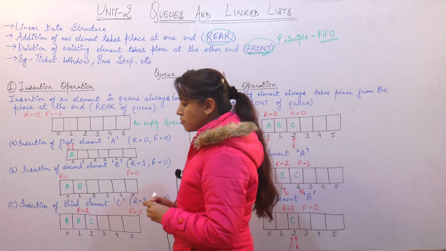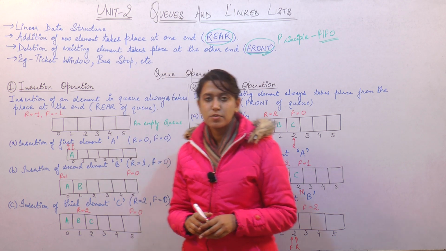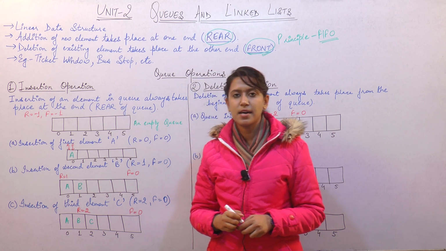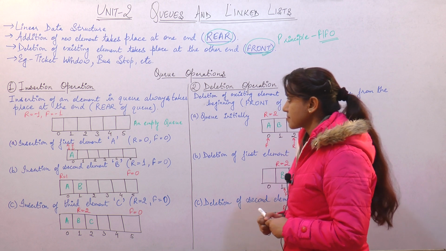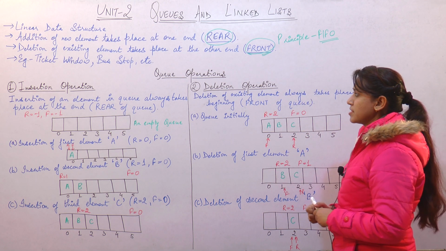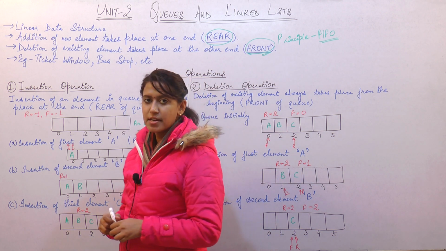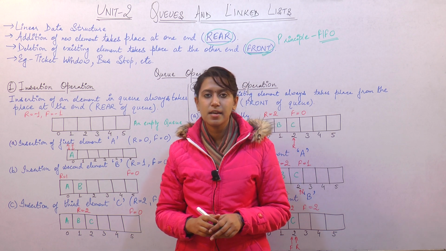So the queue data structure has two ends. From one end we add elements, and from the other end already existing elements are removed. Comparing queue to stack, the stack data structure contained only one end, and that end was known as the top of the stack.